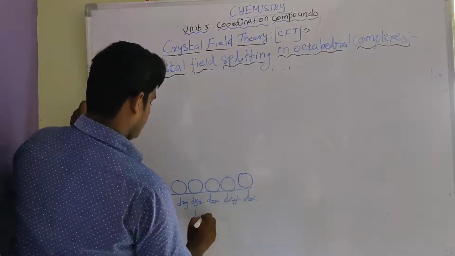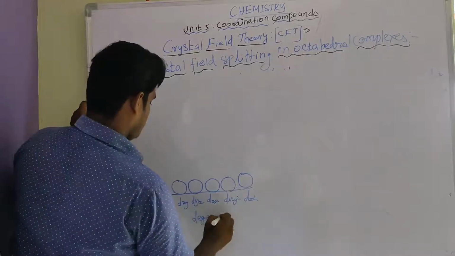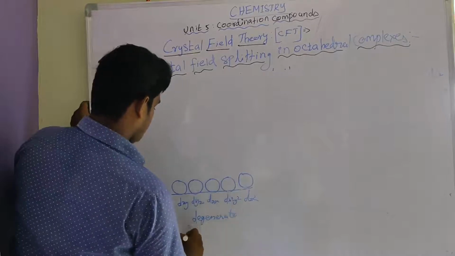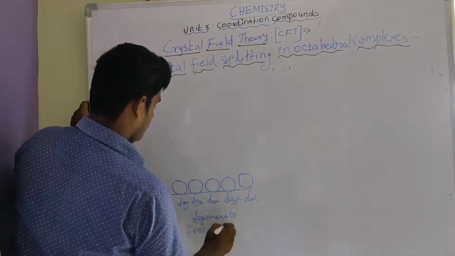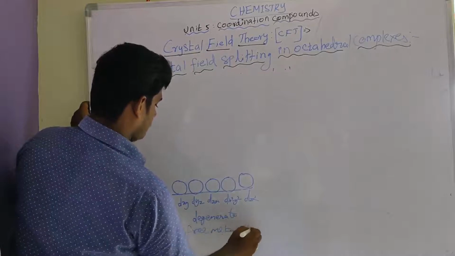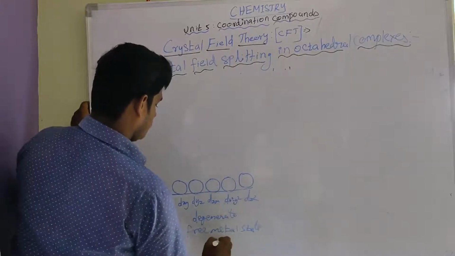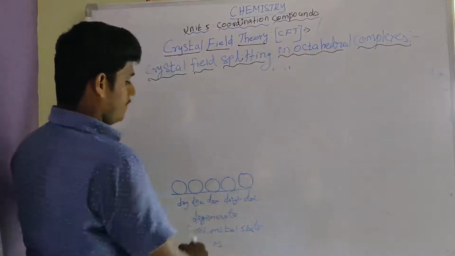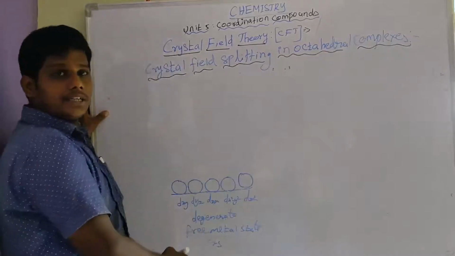They are degenerate, that means the free metal ion state, the ground state. All five d orbitals are at the degenerate energy level.